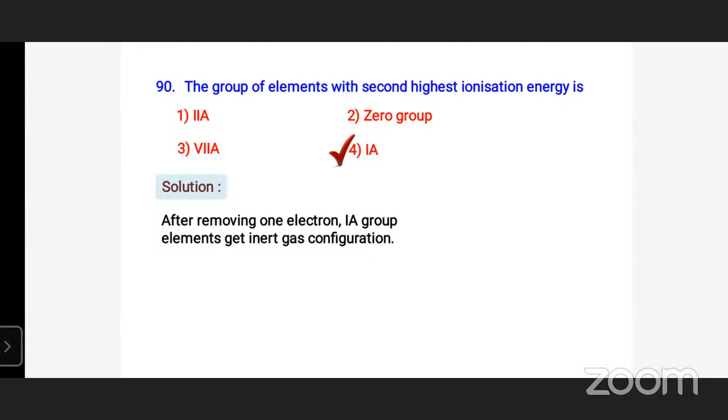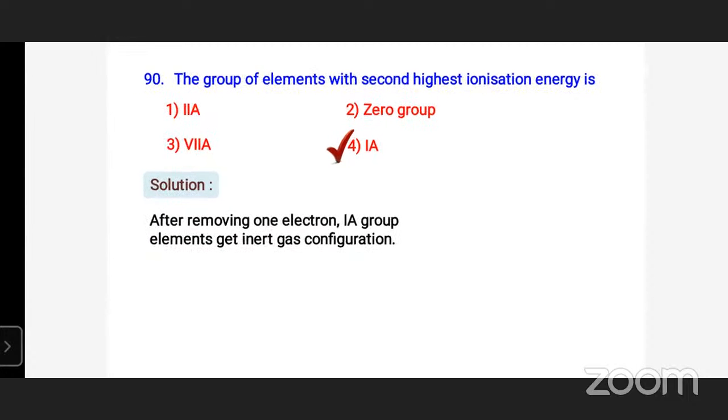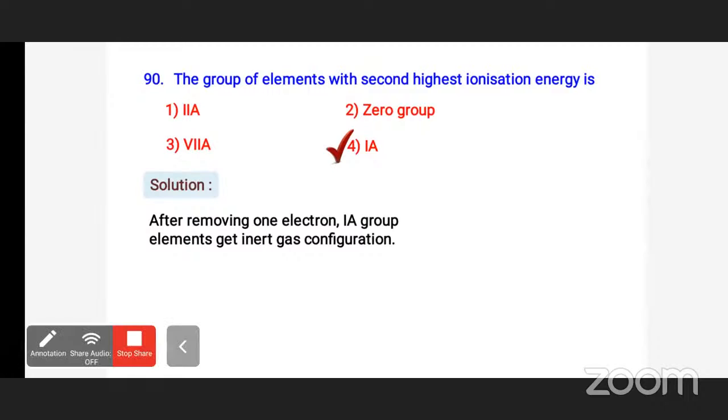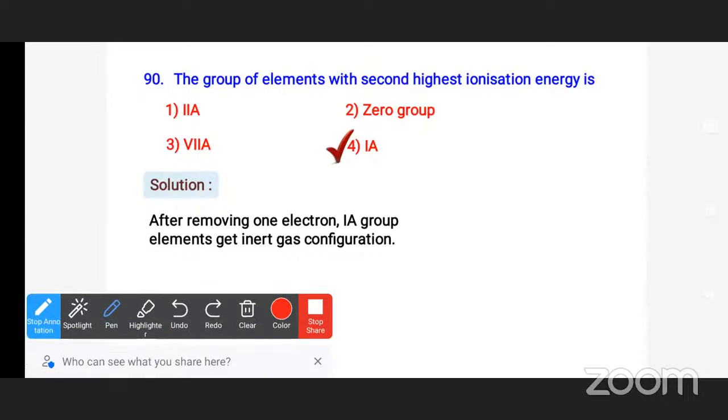So first question: the group of elements with second highest ionization energy is number one, second A group, number two, zero group, number three, seventh A group, number four, first A group. First A group valence shell is ns1.